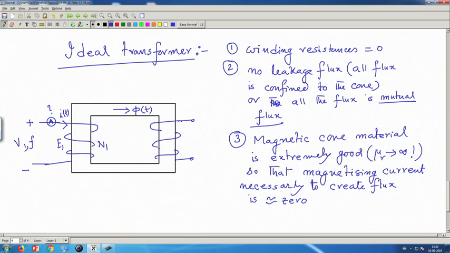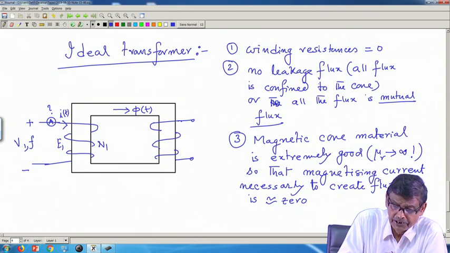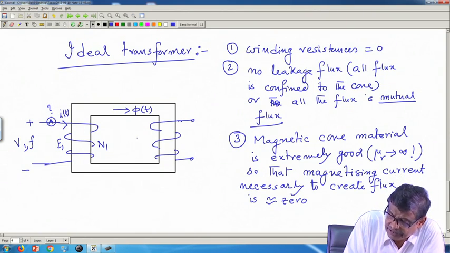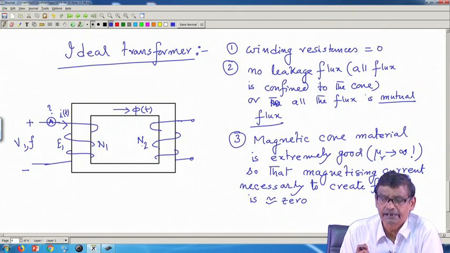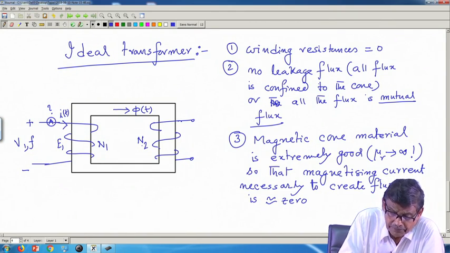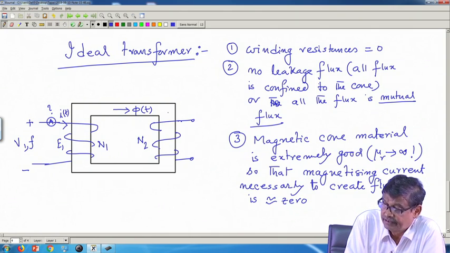Because this coil, whether it is present or not, no one bothers, because nothing I have connected, no current in this coil. Suppose this has got a number of turns N2. Is that clear?